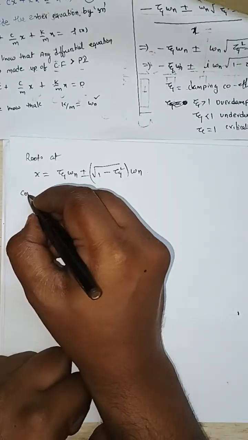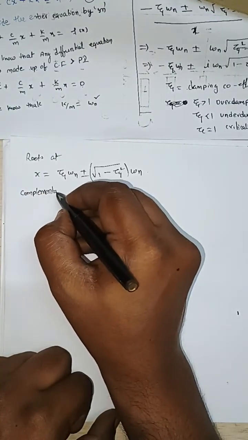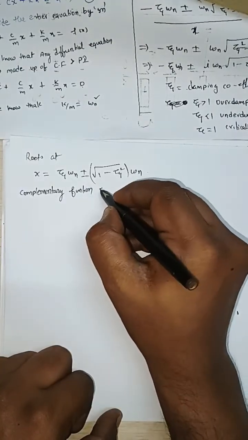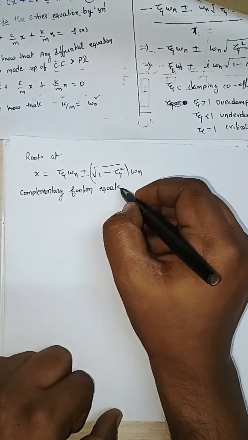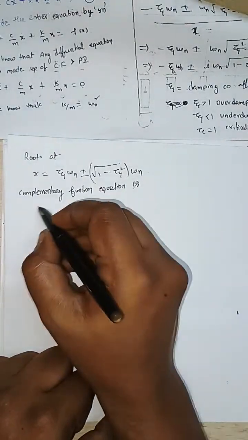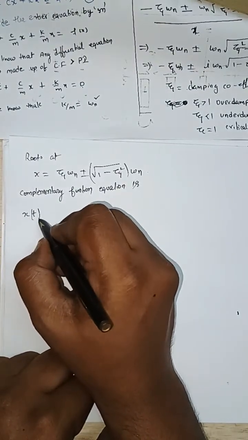So the complementary function equation is x as a function of time.